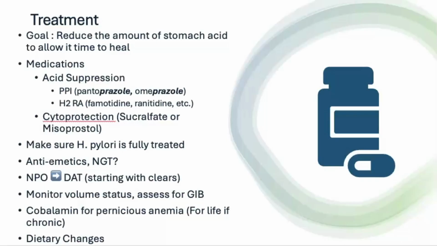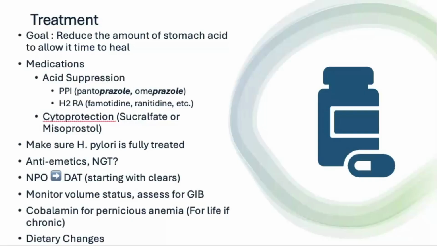That chronic gastritis, we were talking about long-standing H. pylori infection, or whether it be an autoimmune disorder. Again, that can lead to atrophy of the mucosal layer, and decrease function of the gastric glands.